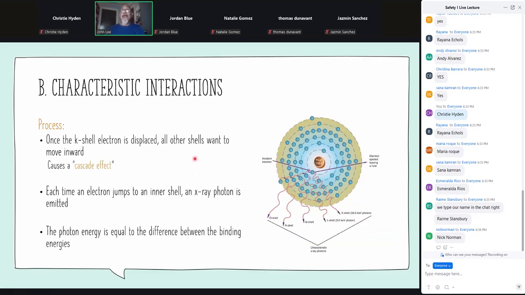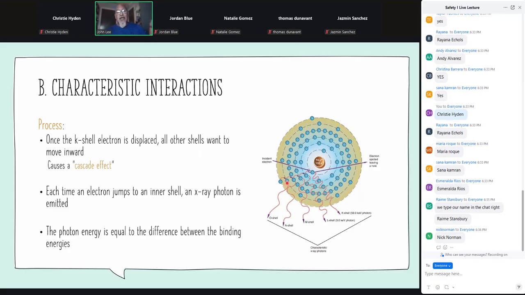Now, once that electron is displaced, we're going to have a cascade effect. So we're going to have an electron from an outer shell jump down into that shell closer to the nucleus. And in this instance here, it shows an L dropping to a K. Well, that leaves a space in the L. An M will drop to the L, an N will drop to the M, and an O will drop to the N. That's what they're referring to as cascade.